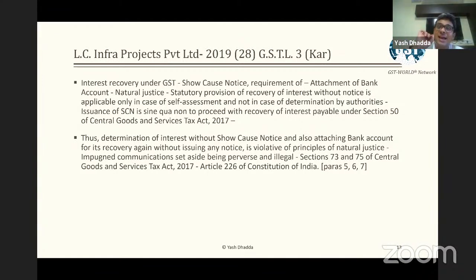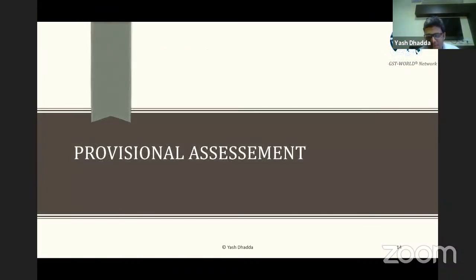Until the assessee has self-assessed interest from his own side, you cannot make a direct recovery under section 75(12), but you have to issue a show cause notice under section 73 or 74, whatever is the case. Meaning thereby, interest you have not disclosed in your return, there cannot be a direct recovery. There has to be a show cause notice. But for tax amount which is there in your GSTR 1 but not in 3B, there is a possibility the department can go against us. So this is all about some things which are there in fact in section 59, where on the basis of what you are doing in your return, the department can go ahead and do certain things.